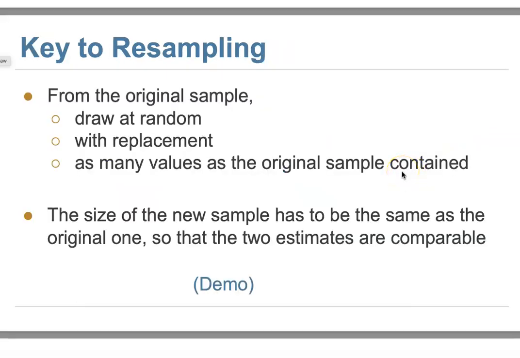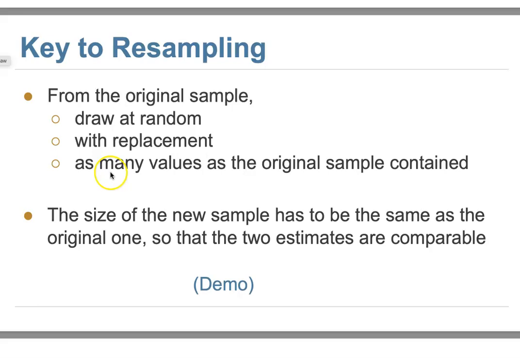A few things we need to keep in mind when we apply the bootstrap technique. First, our original sample needs to be large enough and random, to represent the population. Then when we use that original sample to create the resamples, we draw at random with replacement.